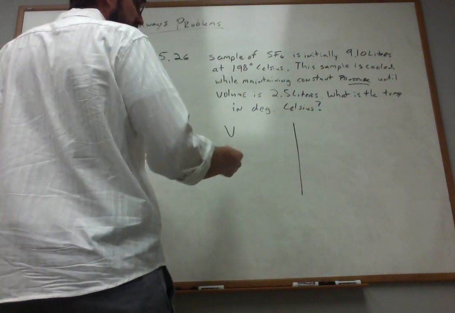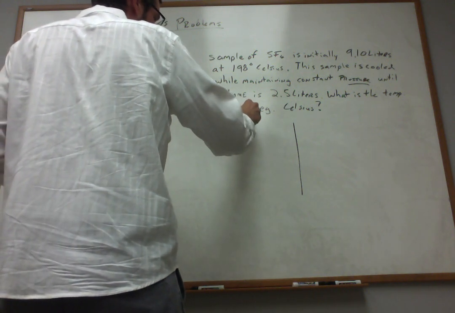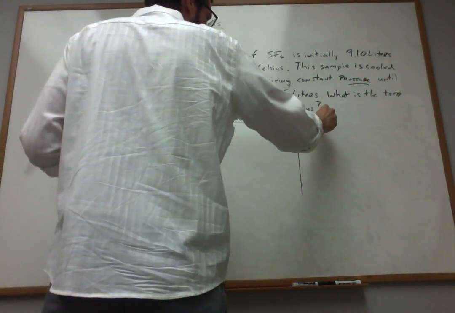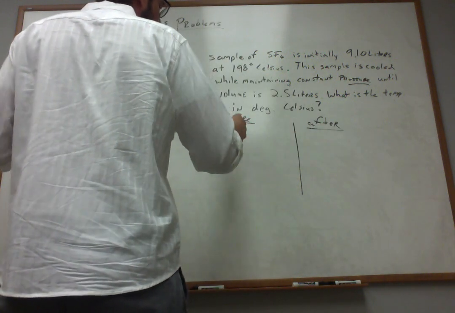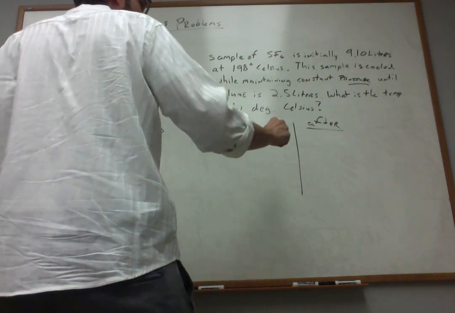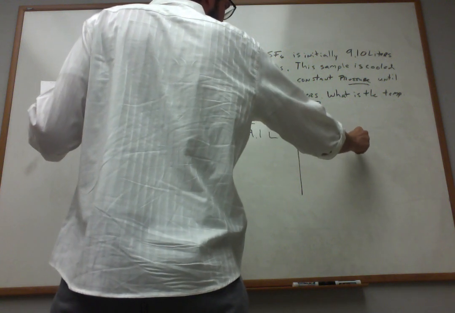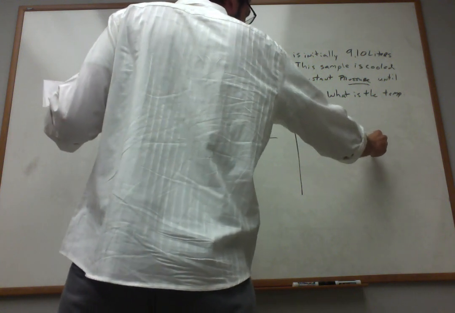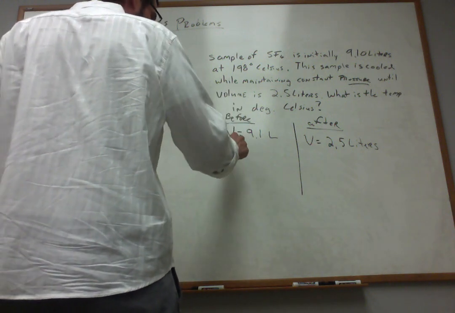There's usually two conditions, kind of like a before and an after. It's pretty common in these types of problems, so you can almost write before and after. Before, the initial volume was 9.1 liters, and the final volume was only 2.5 liters. We know the pressure is the same, we know the number of moles is the same. Well, what else is changing? The temperature.